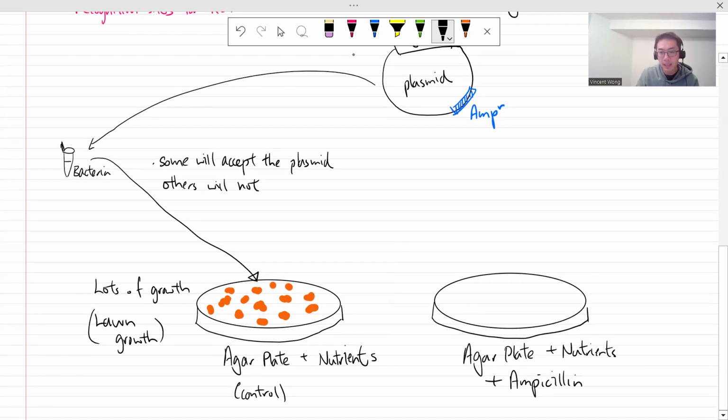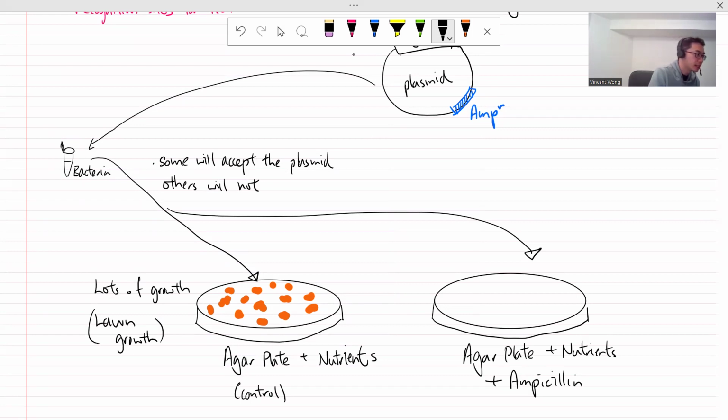Remember, ampicillin is an antibiotic. It's supposed to kill bacteria. So if I take the same tube and put it on this plate, what do you expect to happen? Lots of growth, some growth, no growth, or die? What will happen?